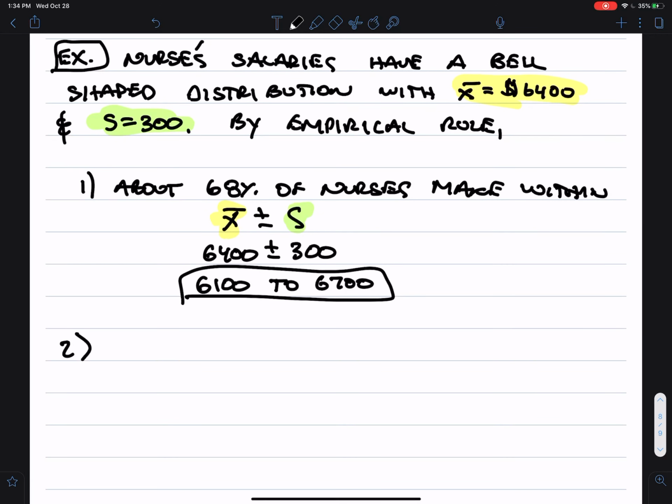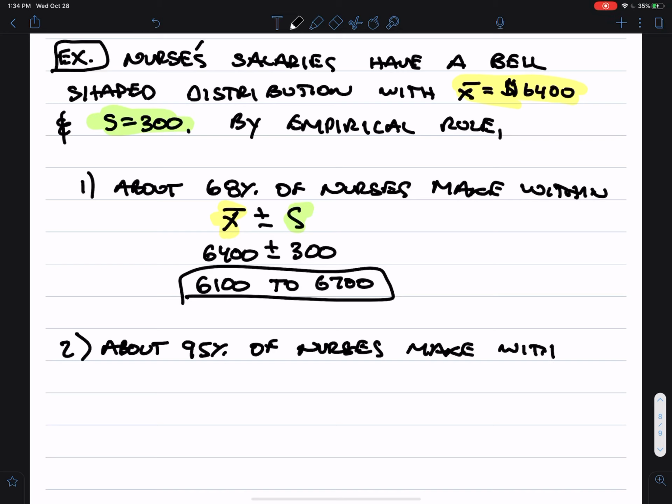Two. About 95% of nurses make within, so at the 95% level, you're talking about x bar plus or minus 2 deviations now. Right?